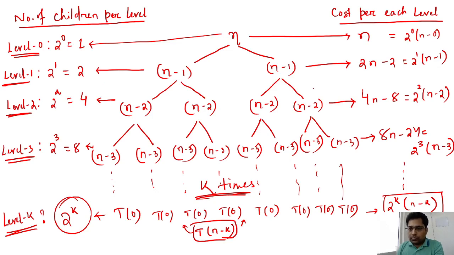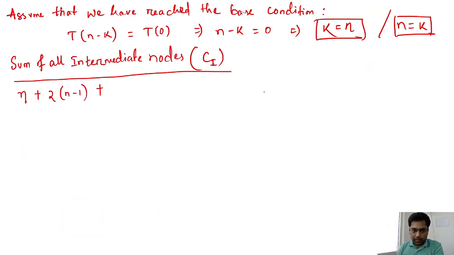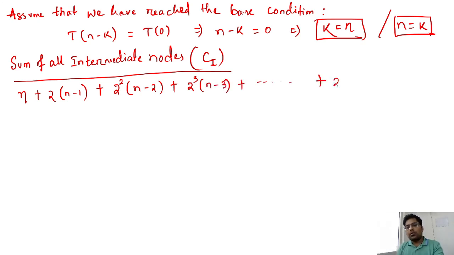Next, to find a pattern, I'm just checking that one. n minus 2, we can say n minus 3, then we are writing 2 to the power k, n minus k.